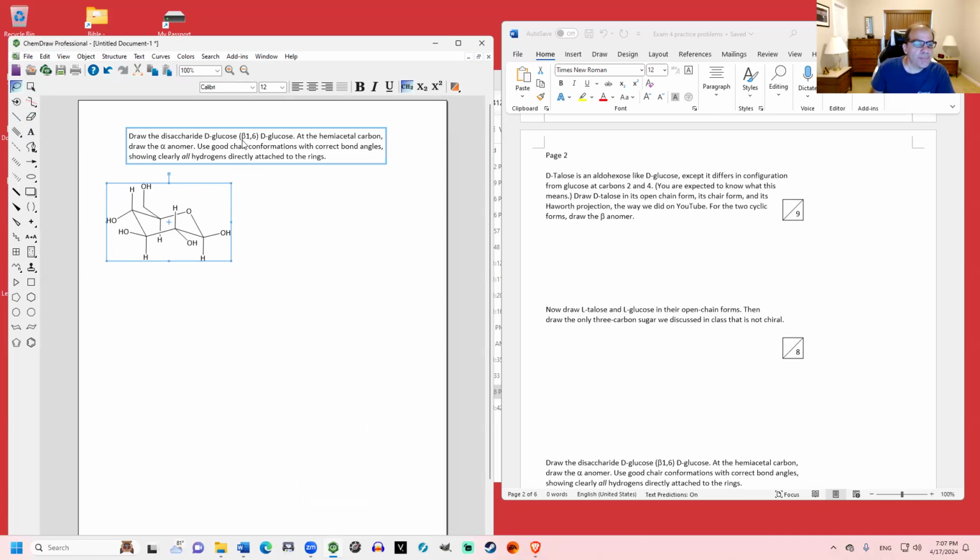You'll notice it says beta-1,6. That means we're going to connect two glucose molecules from carbon 1 of the first glucose to carbon 6 of the second glucose. And we're going to use a beta linkage. That means the OH group on the first glucose is beta. It's pointing up.